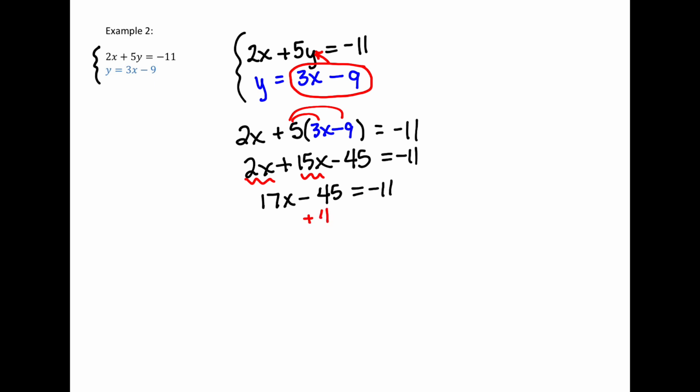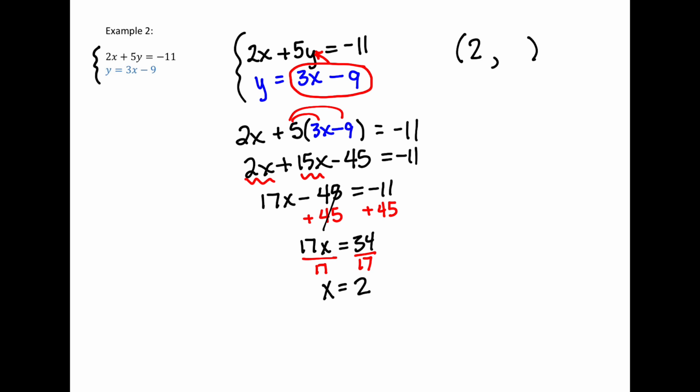Get rid of the extras here so we can get the variable term by itself. So these cancel and we get 17x equals 34. Divide by the coefficient and we have found x, which is 2. Okay, so if our answer is a point on a graph, we just found the x value.